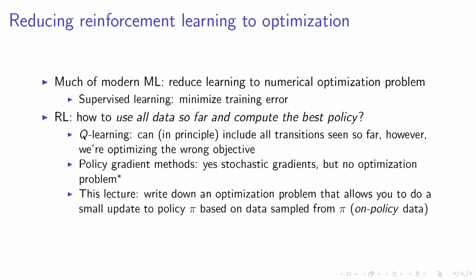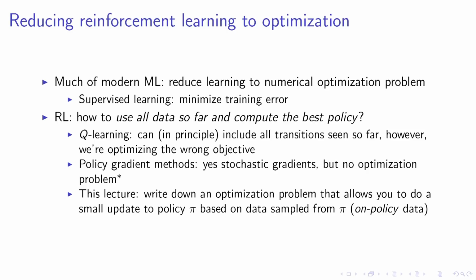And what deep learning is all about is writing down some kind of numerical optimization problem and then using some kind of gradient descent algorithm to approximately solve it. In supervised learning, you're just minimizing training error. And what you really care about is test error, but if you minimize training error, that's usually pretty good, especially if you tweak regularization and things like that.